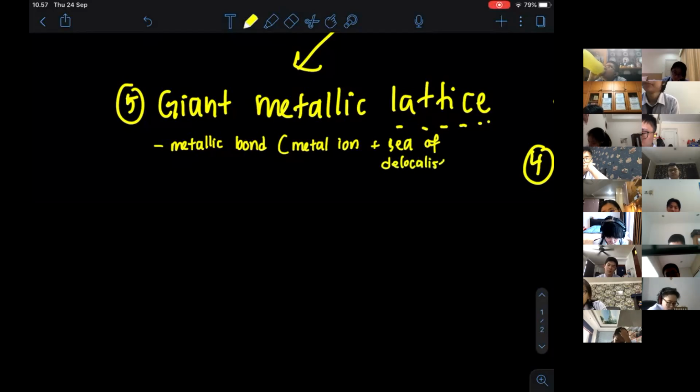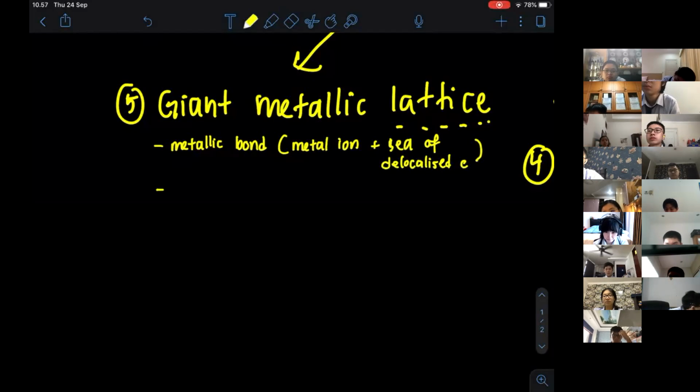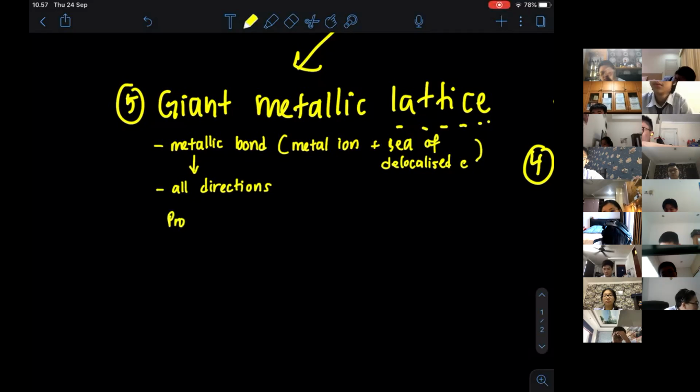Now, what can you say about that bond? Is it acting in a single direction or in all directions? Owen? All directions. Yes, it acts in all directions. Therefore, let's go for the property.